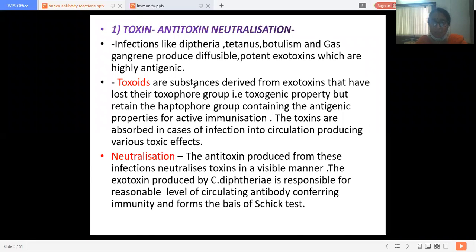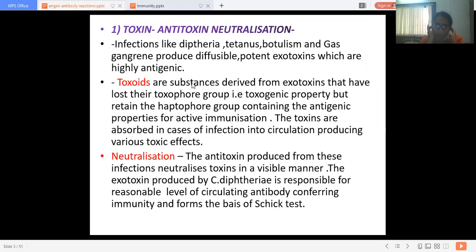So the exotoxins, that is the secretions or enzymes secreted by that particular bacteria, Corynebacterium diphtheriae, then gas gangrene, botulism, are highly antigenic.